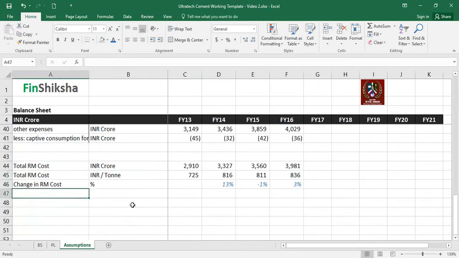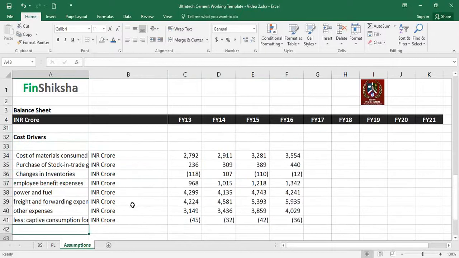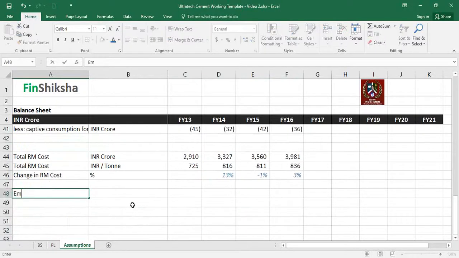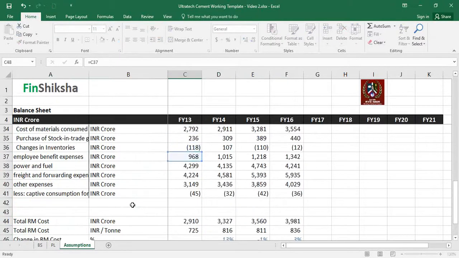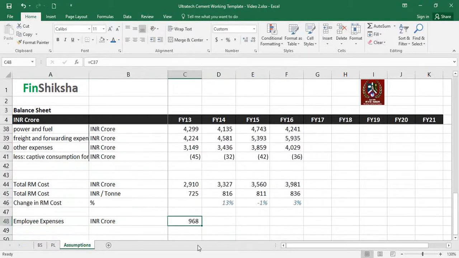The same thing can be done for the other costs. So let's look at employee benefit expenses. Employee expenses, and we are going to put them again in INR crore, and we are just going to put the data from here. Now, what should employee cost depend on, right? In one way, we can find out employee expenses also per ton of production.